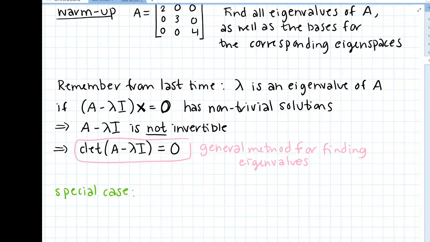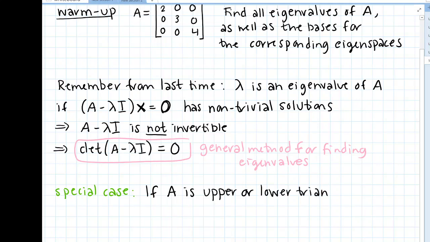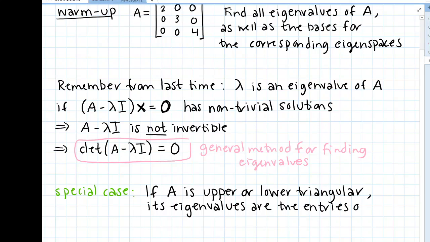So the special case is that if A is upper or lower triangular, and the example I had you do on the worksheet just showed that it was true for upper, but the same idea works out for lower triangular, its eigenvalues are the entries on its main diagonal.